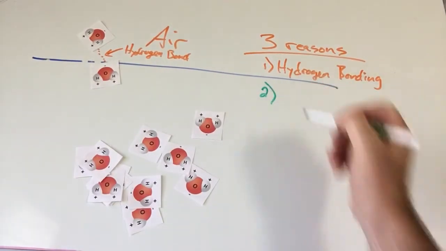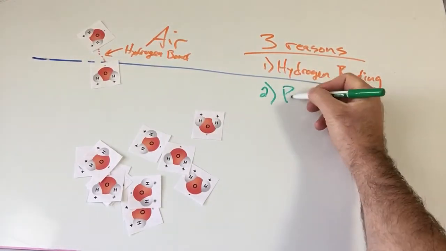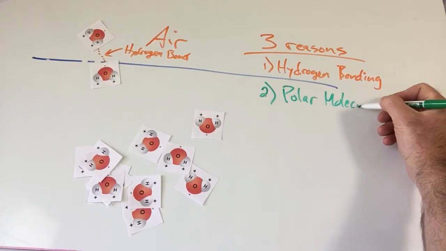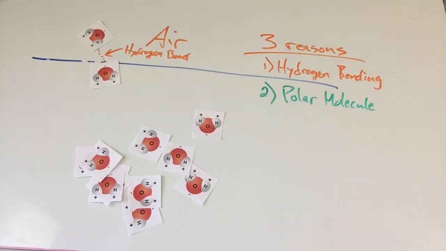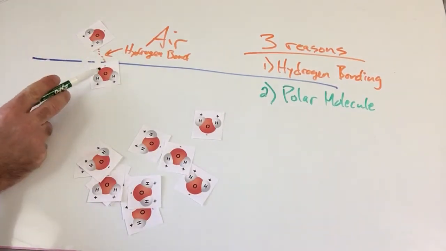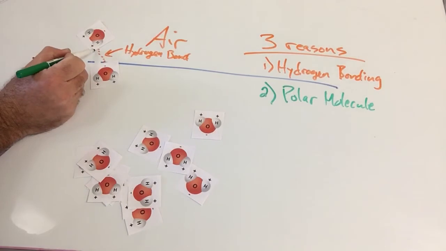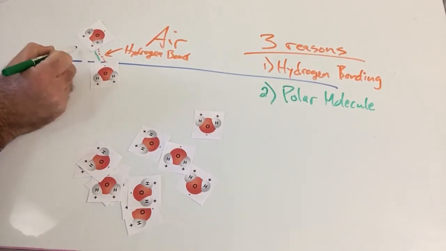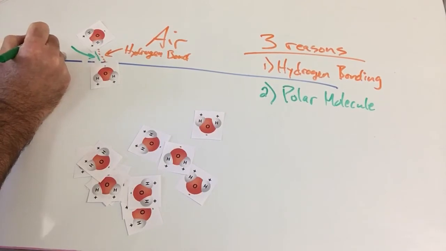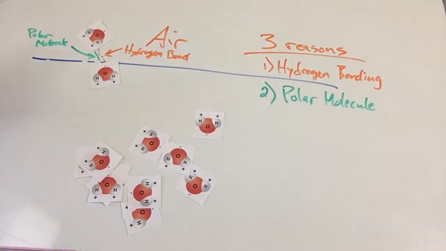And the second one is, wait, didn't we say that it's a polar molecule too? Which means, hey, these little positives and negatives. Not only does hydrogen want to hang out with this oxygen, but it's also positively charged, and this is negatively charged. That means there is a second bond here. It is a polar molecule, which means it's just positives and negatives.